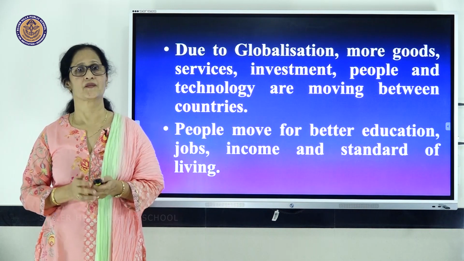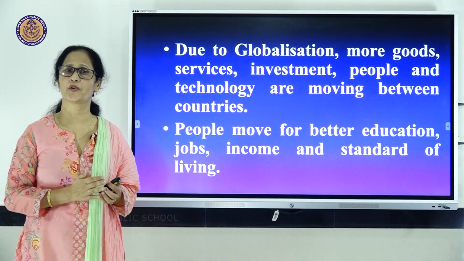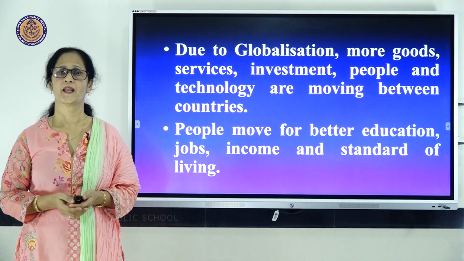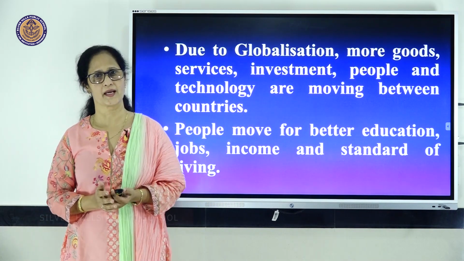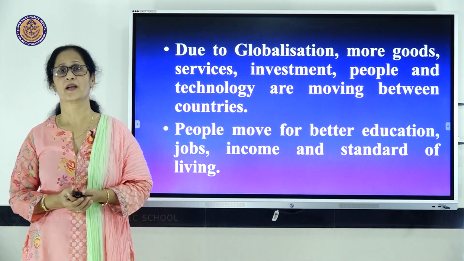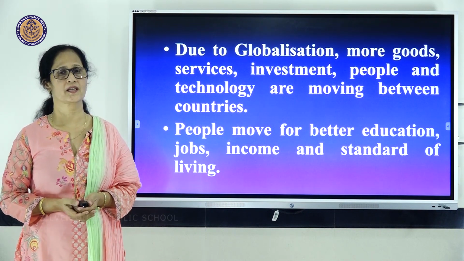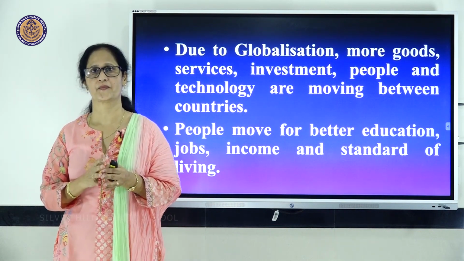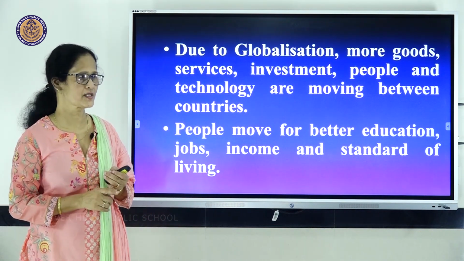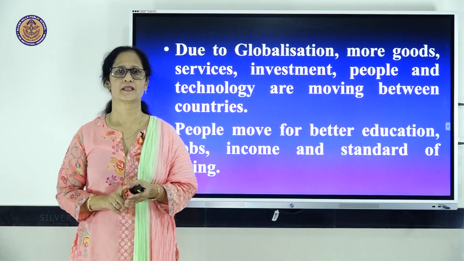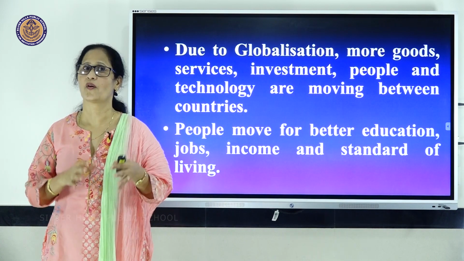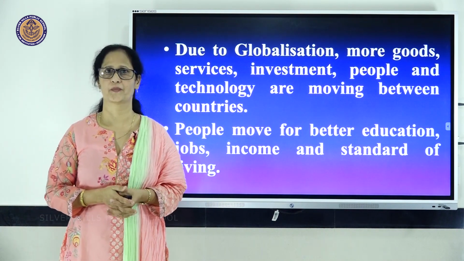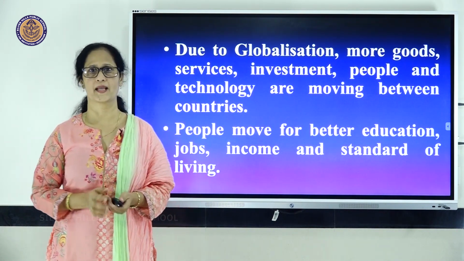There is a fifth element which is also moving, which is contributing towards globalization, and that is movement of people. People move from one country to another looking for better jobs, better education, better income and better standard of living. So, due to the movement of all these items, goods, services, investment, technology and people, all the countries of the world are getting connected more than ever before, which is known as globalization.